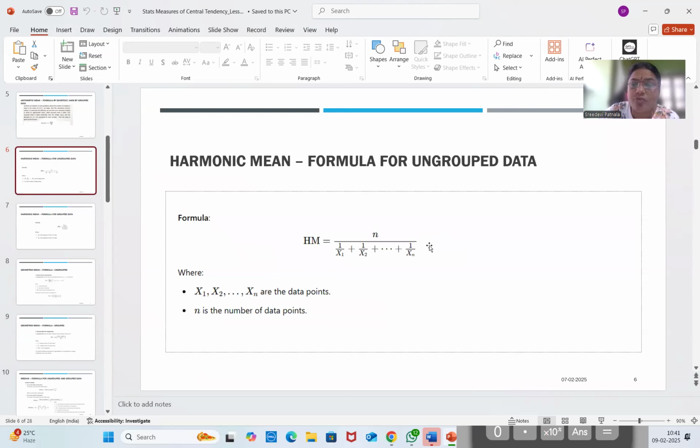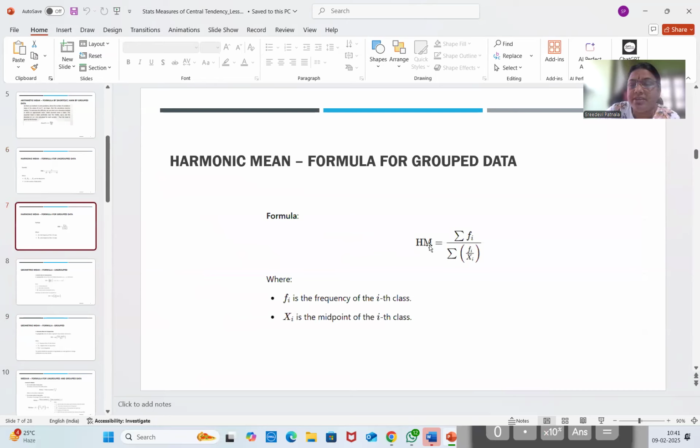This is our formula for ungrouped data. For grouped data, it is the summation of fi, the sum of the frequencies, divided by the summation of fi by xi. You do f1 by x1, f2 by x2 separately like that and take the sum. That is for grouped data.